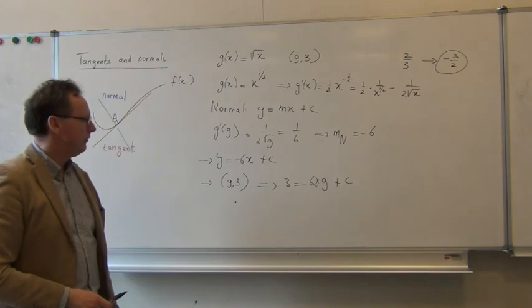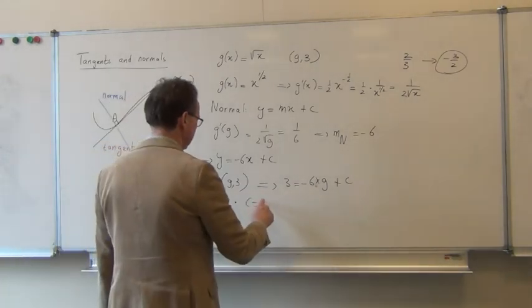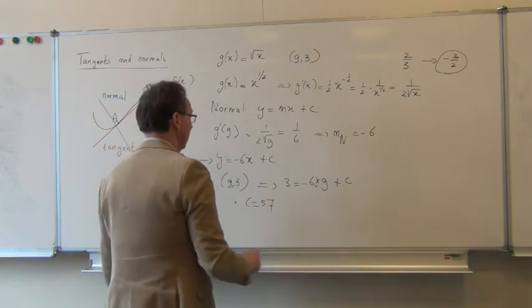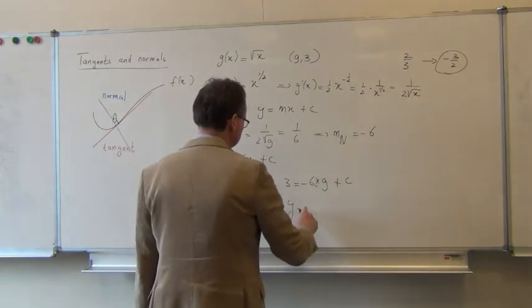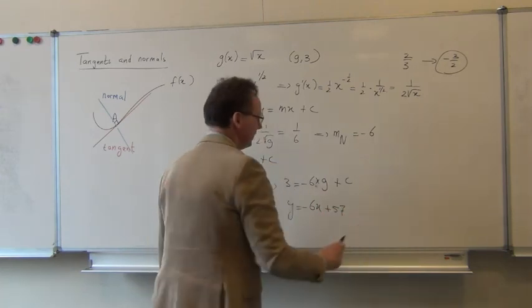That's minus 54, so c is 57. So y is minus 6x plus 57.